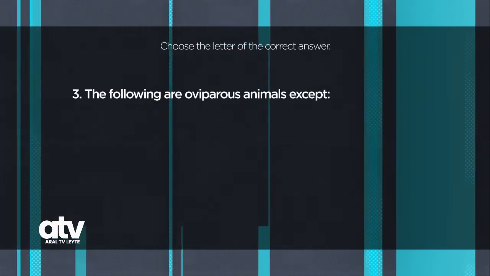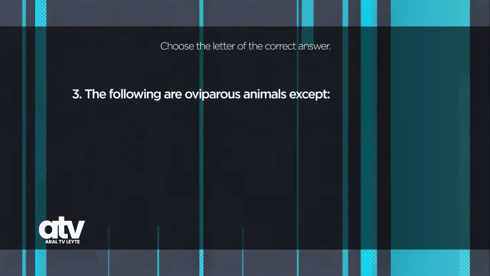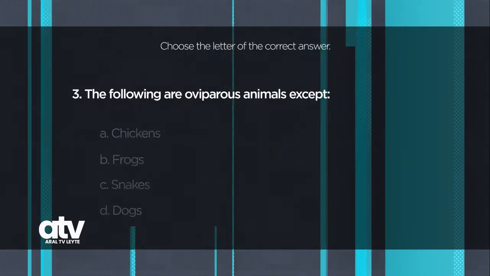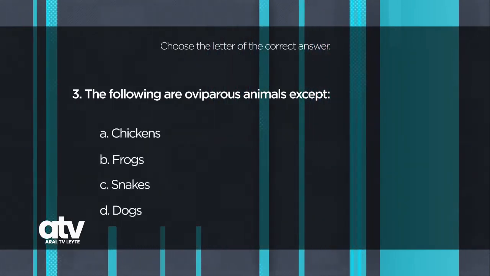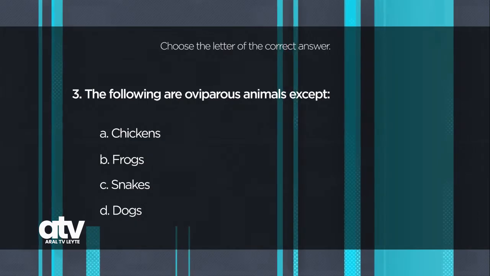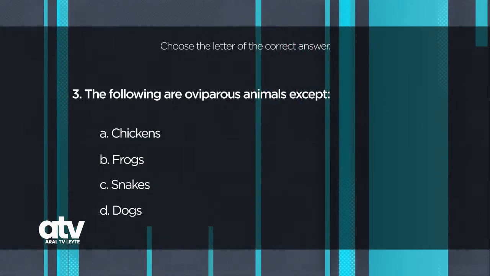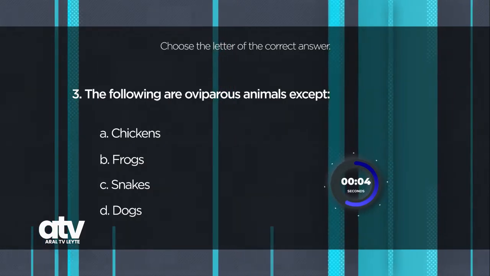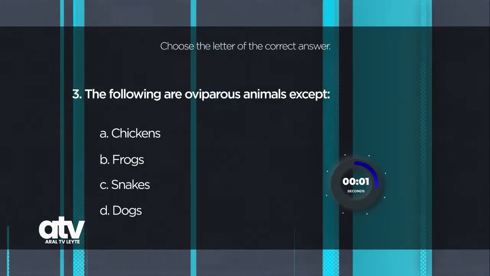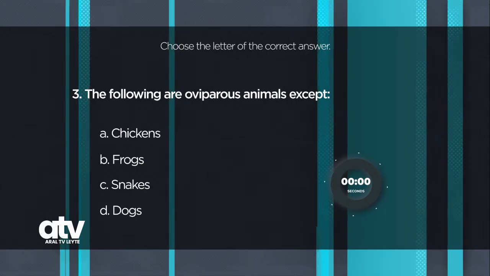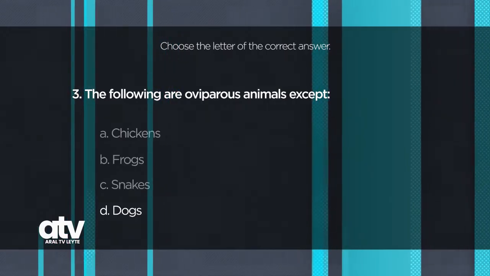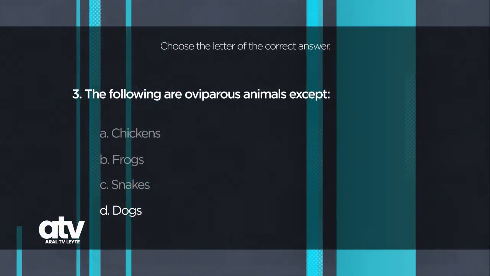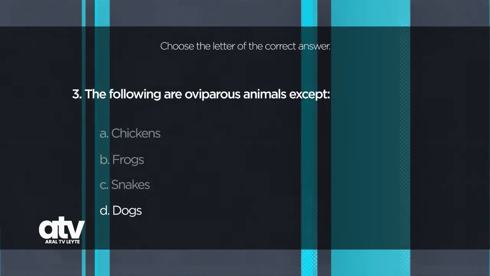Number 3. The following are oviparous animals except A. Chickens, B. Frogs, C. Snakes, D. Dogs. The correct answer is letter D, dogs.